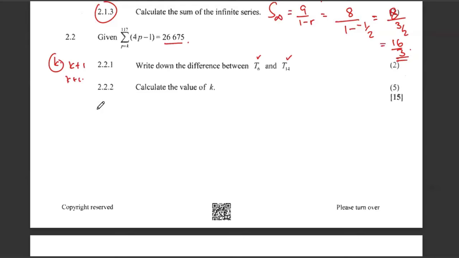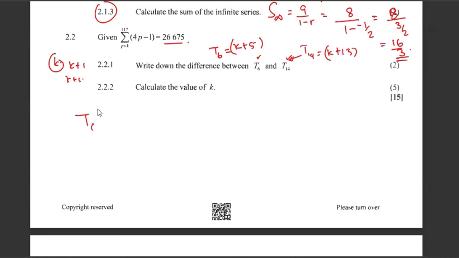So I know that for me to get the T6 from here, I'll have to replace the p with k plus 5. And for me to get the T14, I'll have to replace the p with k plus 13. So let's do that and see.